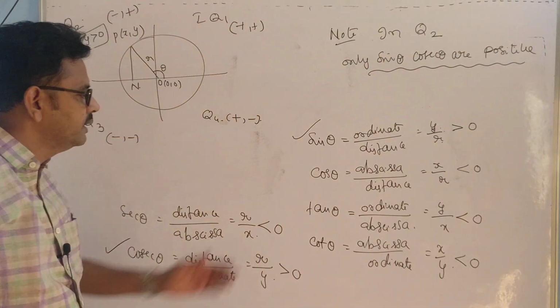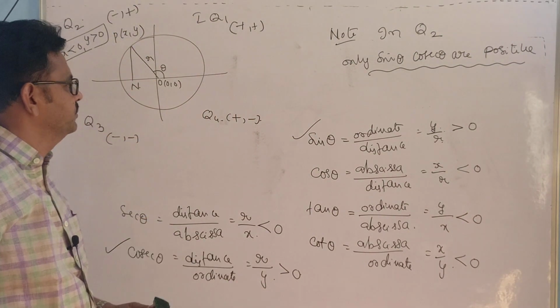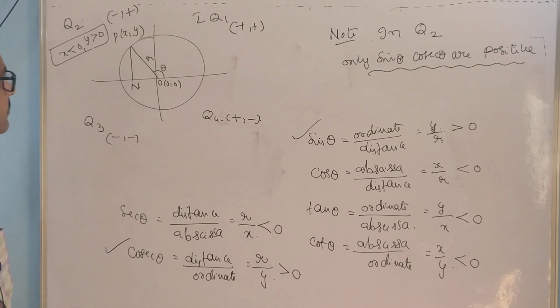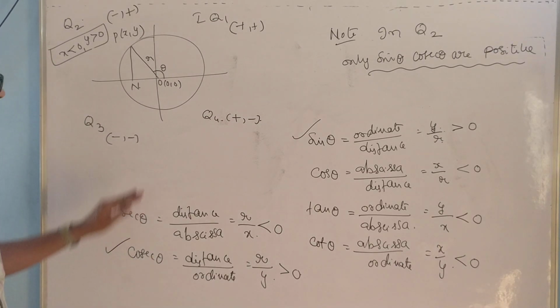That means the remaining trigonometric ratios are negative. Just write it down.